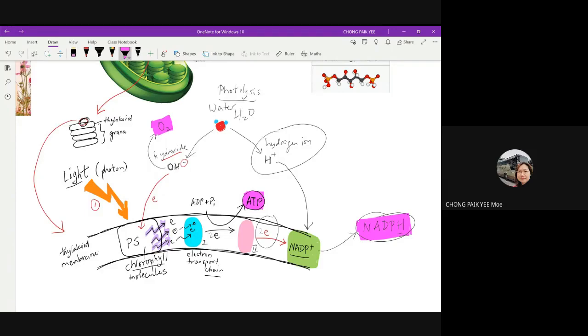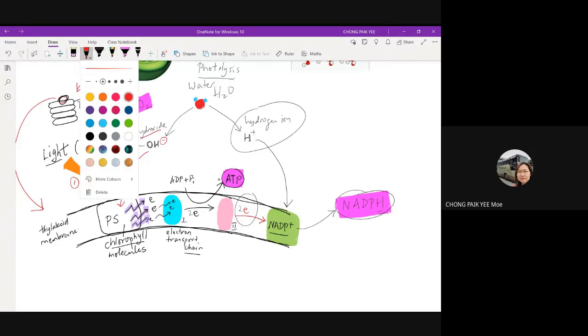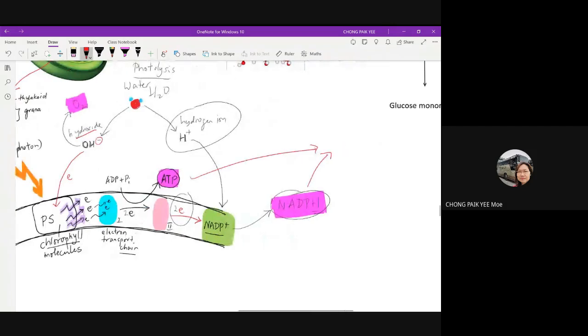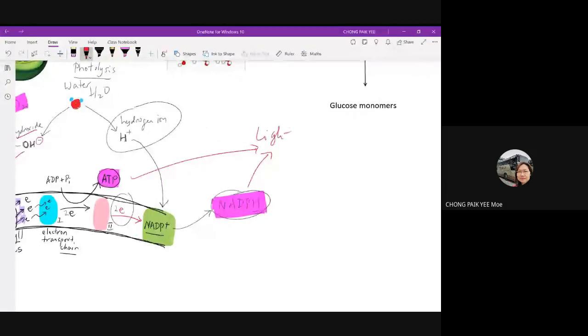Now, what is the use of your ATP and your NADPH? These two are going to go into your second reaction, which is the light-independent reaction. You need this one and this one.